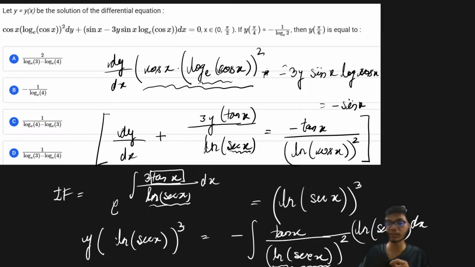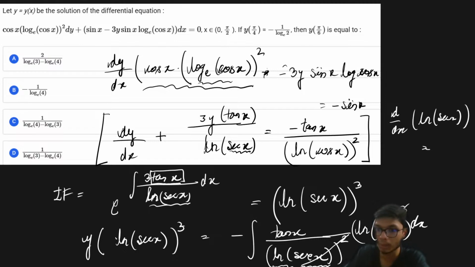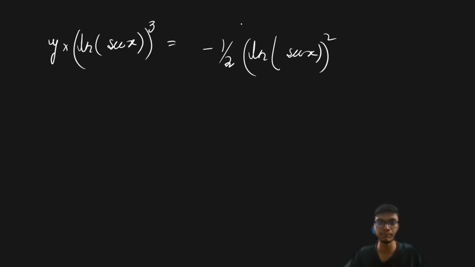First you cancel out this particular part, so there is going to be 1 over natural log of sec x. Now if you assume that as t, the differentiation of natural log of sec x simply comes out as tan x, so it is going to be dt. So I am simply writing this expression plus some constant c.